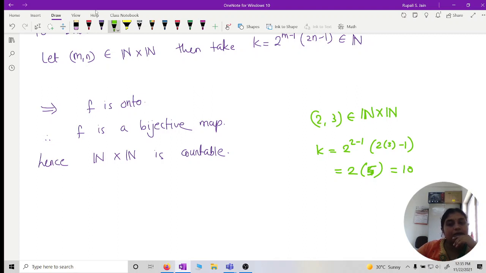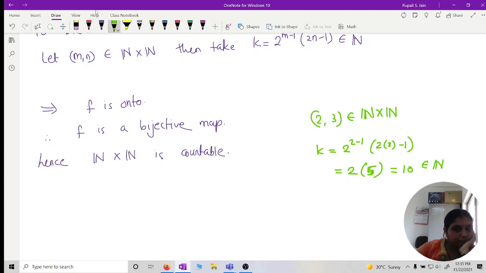So that belongs to natural numbers. Whatever element you take from N cross N, you will get a natural number. Is that okay?